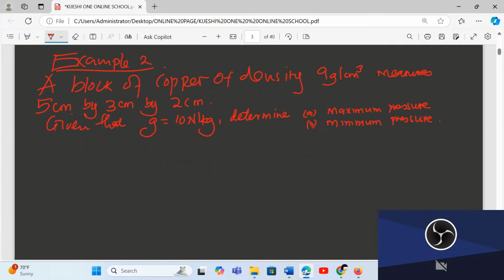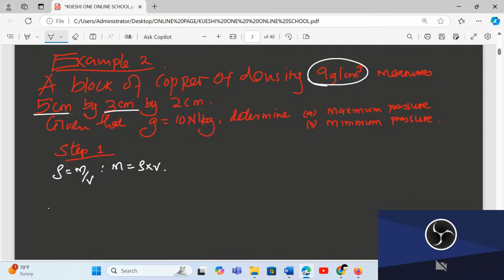Therefore, step 1, you get the mass of this one. Therefore, you can say that density is given by mass over volume. This means that mass will be given by density times volume. We have our density there. Then we are going to extract our volume from this and this.